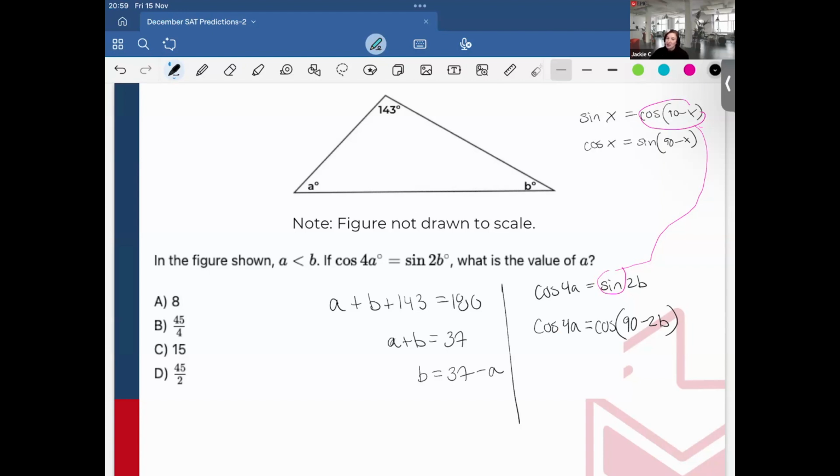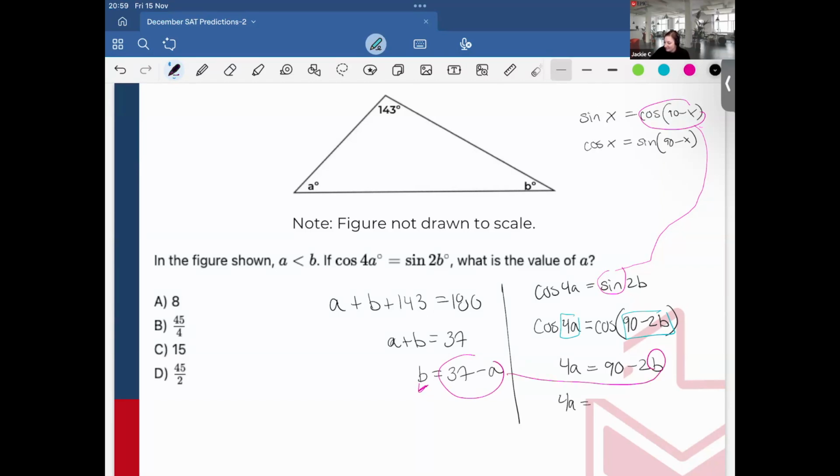Does everyone agree with my findings? And then that means that the angles inside cosine must be equal to each other. Otherwise, this equation couldn't be true. So then I can just set 4a equal to 90 minus 2b. And then I know also what b is equal to, right? 37 minus a. So let's substitute that in here.